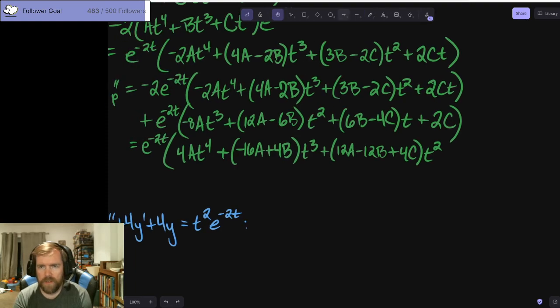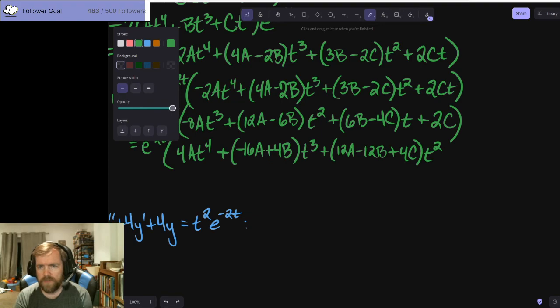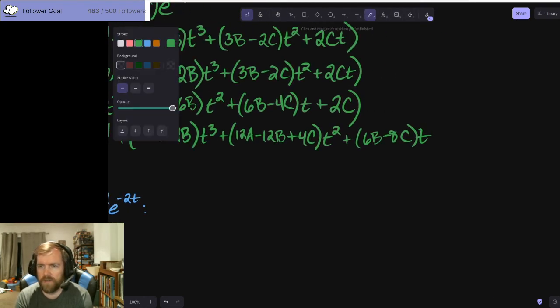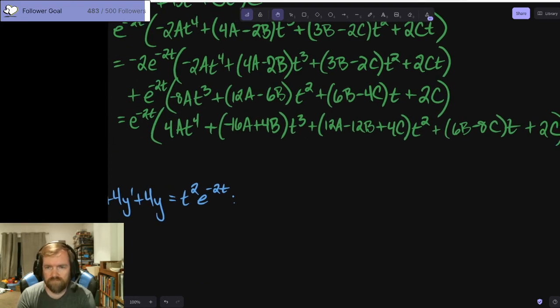This is going to be a negative 2 times our 2ct, so negative 4c with a negative 4c below is going to be negative 8c, and a 6b t, and a plus 2c at the end.